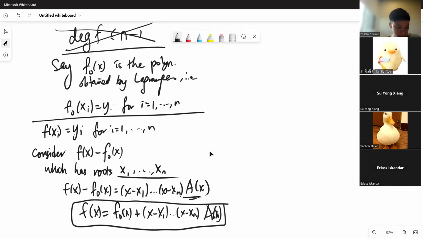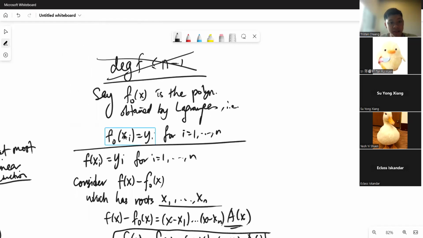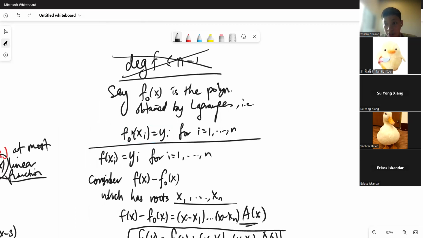Okay, if not, what is f naught x? F naught x is the polynomial that we get by Lagrange interpolation.